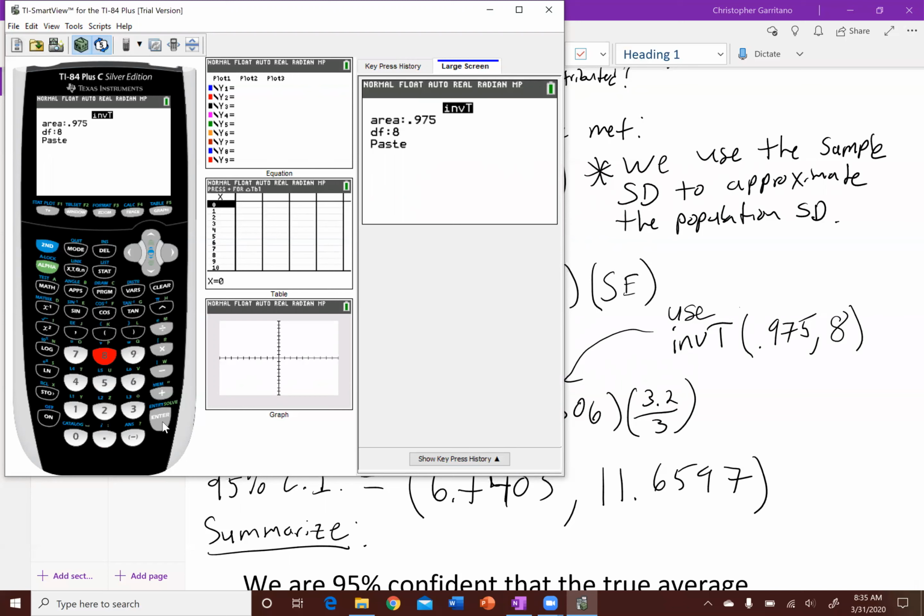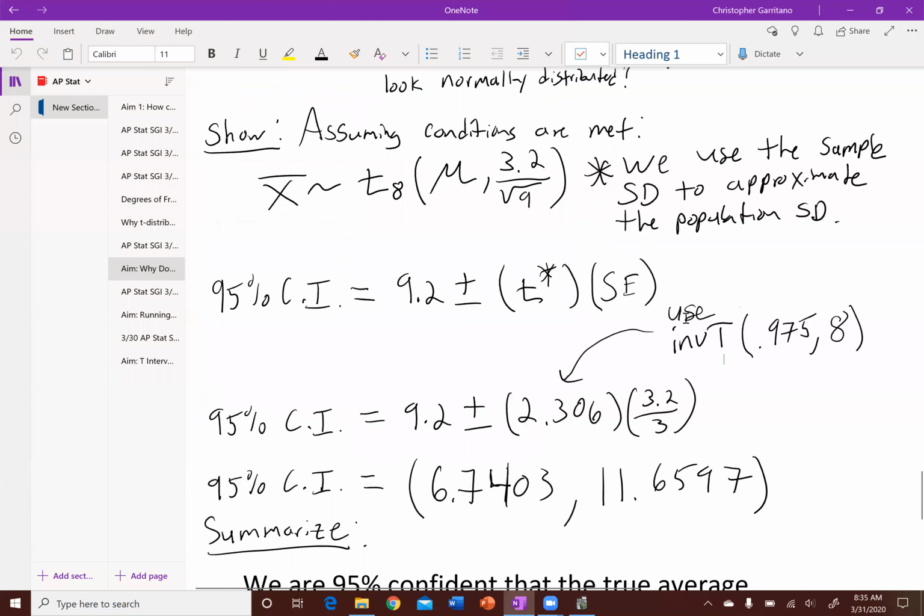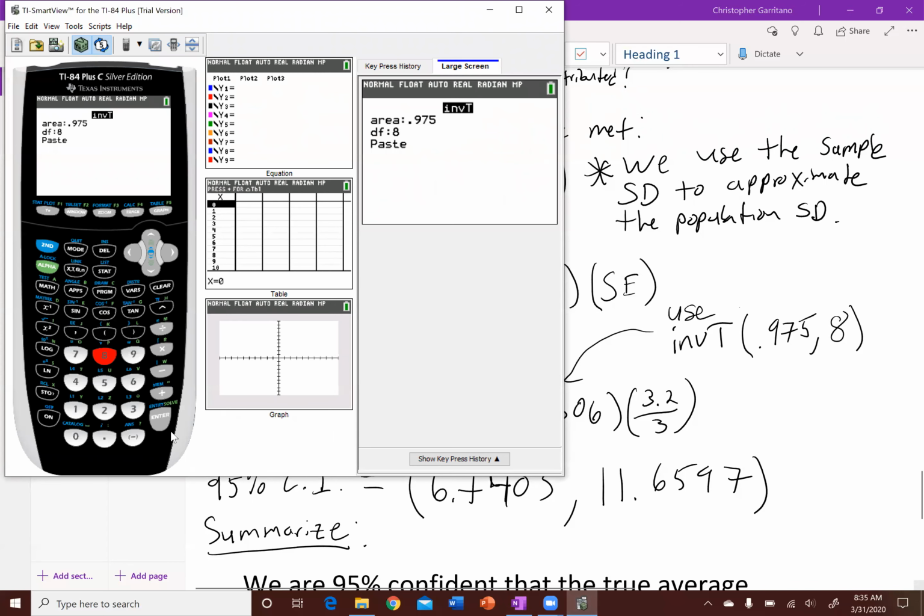Now, if your screen doesn't look like this and it looks kind of like what I have over here, then the input order is, again, that area to the left and the degrees of freedom. All right, and then you select paste, enter, and it's frozen.